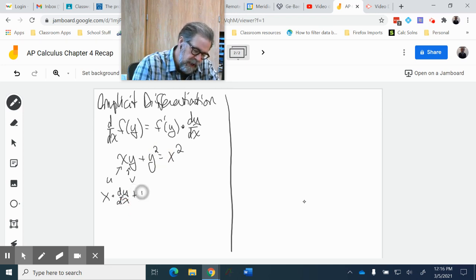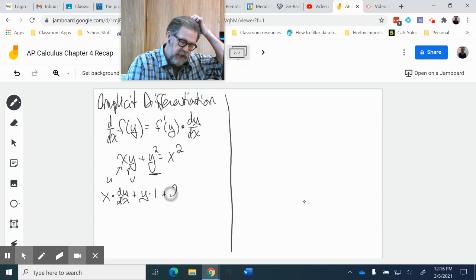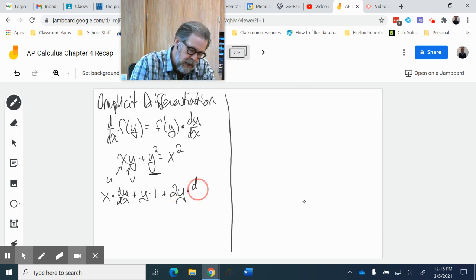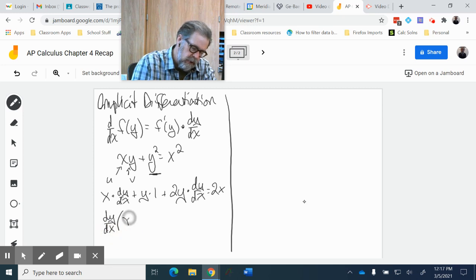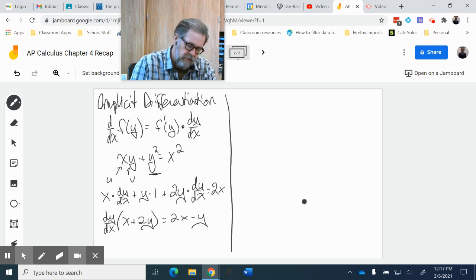Plus v du, plus, now the implicit differentiation here says that the derivative of this is 2y, the derivative of y squared, times the derivative of y. And then on the other side, we've just got 2x. And so now we get all the dy dx on one side and factor. I've got x plus 2y equals 2x minus y, and then solve for dy dx.